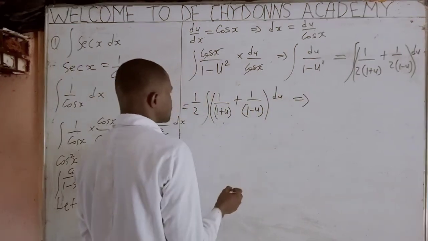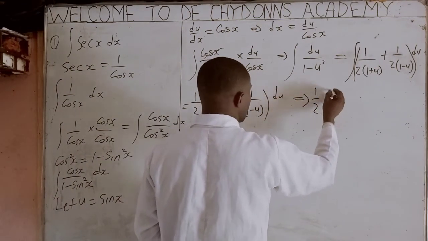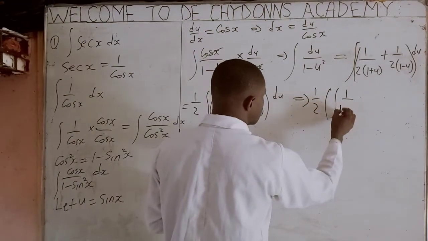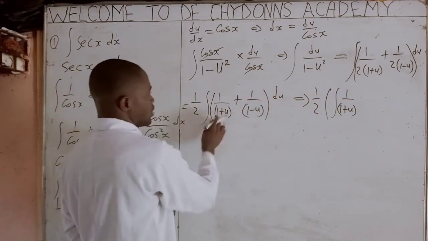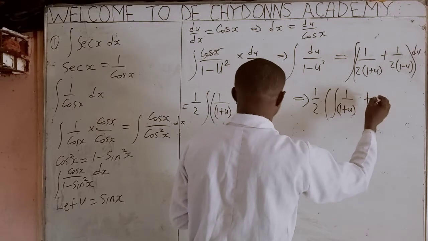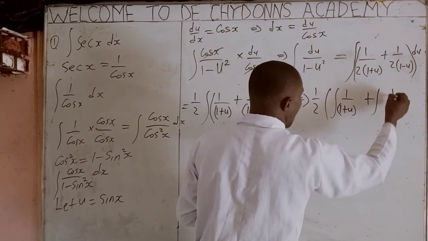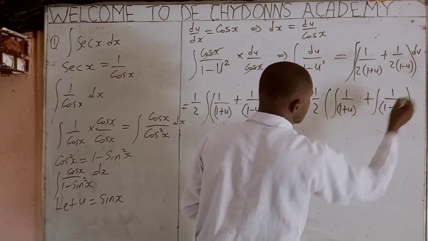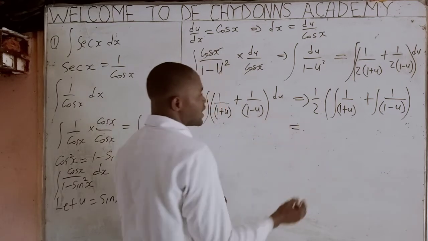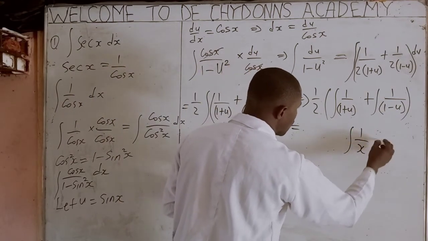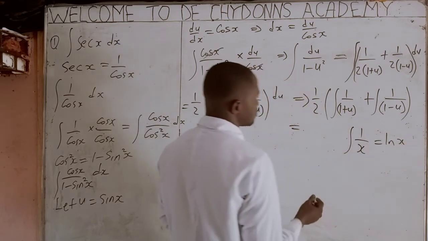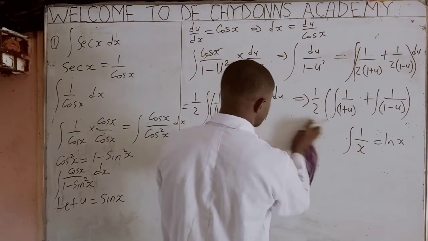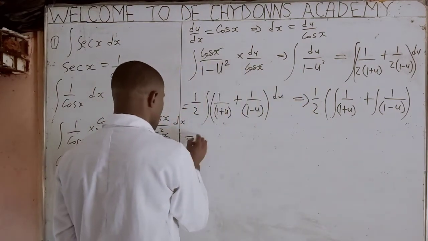This simply means 1 over 2 bracket, use the integration sign and put it inside for the two terms: integrate 1 over 1 plus u plus integrate 1 over 1 minus u. Okay? Now, since integration of 1 over x will give you the log of x, what will happen is that integration of this will be giving us 1 over 2.